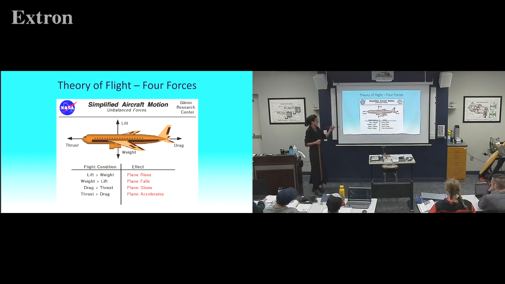So you can think of imbalance as any time a change is being made: initiating a descent, initiating a climb, accelerating, or decelerating. Can't go backwards, but anyway, you get the idea.